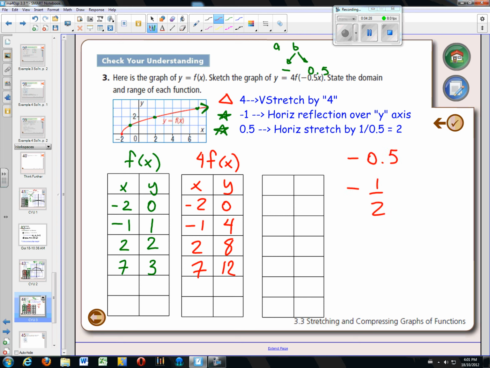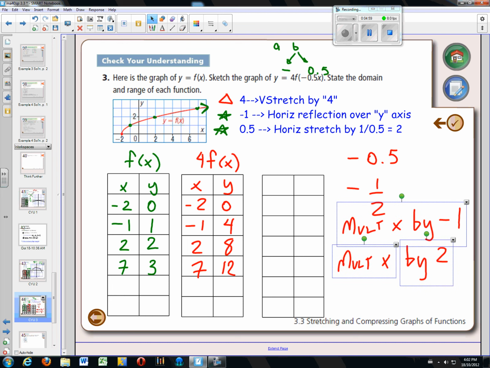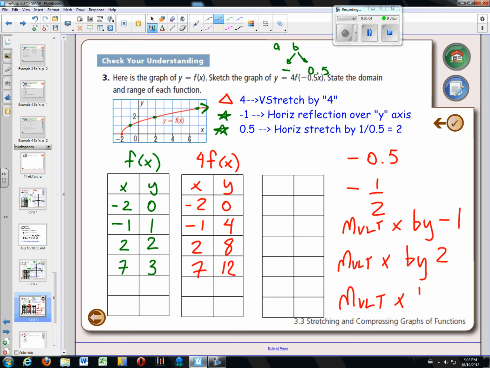If you're multiplying the x values by negative 1 for the reflection, and then you're multiplying x again for the stretch by the reciprocal of 1/2, by 2, couldn't you just put it all together and say that you're multiplying x by -2? That's the same thing, right? So that's what we'll do here.